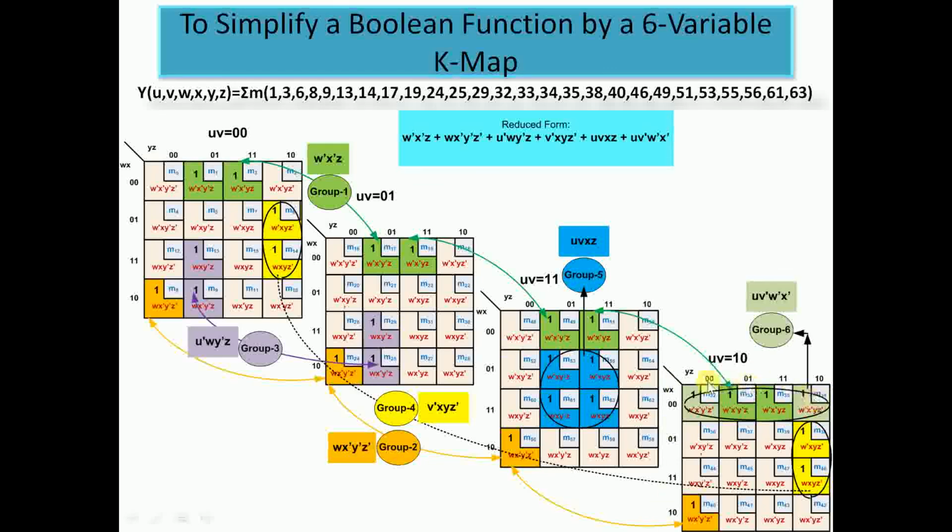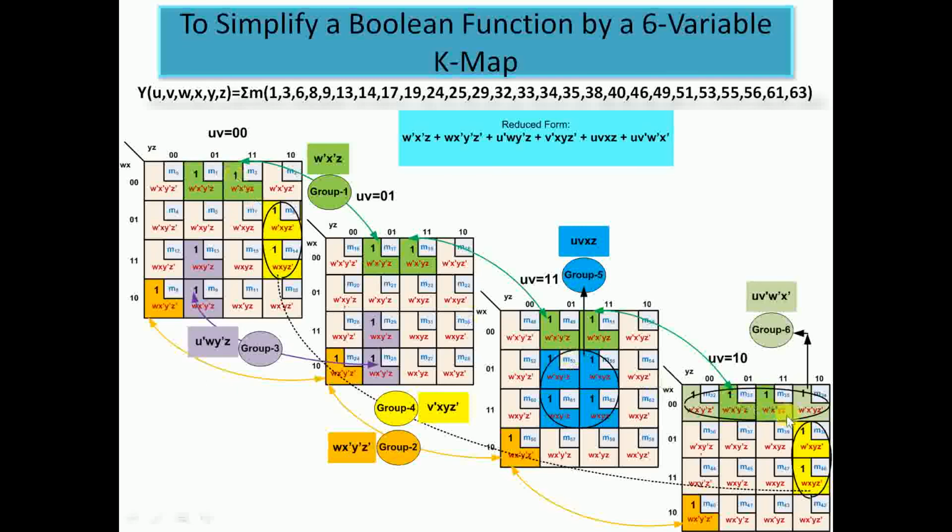Next, minterms are plotted in UV equal to 1 0, which are M32, M33, M34, M35, M38, then M40, M46. And in the last map the minterms plotted are M49, M51, M53, M55, M56, M61 and M63.